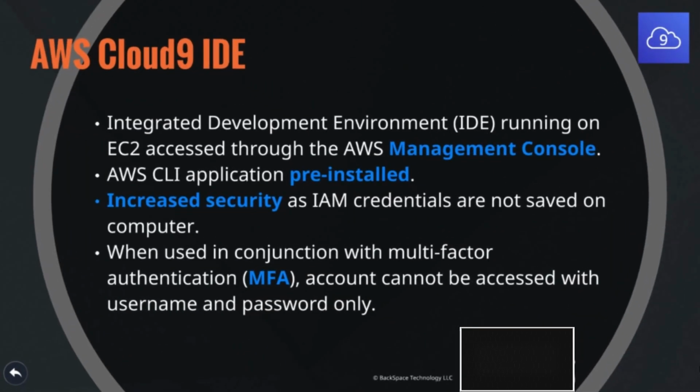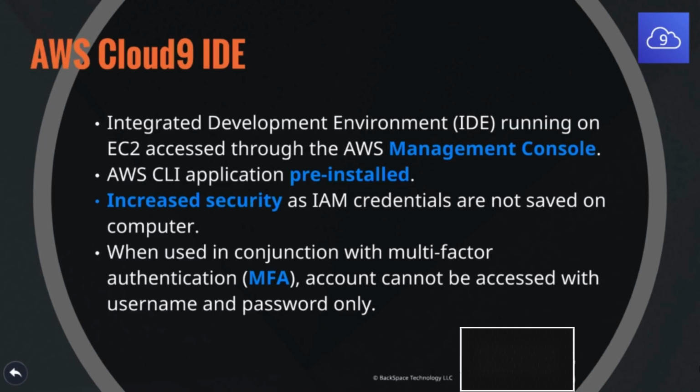The AWS Cloud9 service is an integrated development environment, or IDE for short, that is running on an EC2 instance inside one of your VPCs, and you access it through the AWS Management Console. The Cloud9 service has a lot of tools already installed, so it also has the AWS CLI application pre-installed.